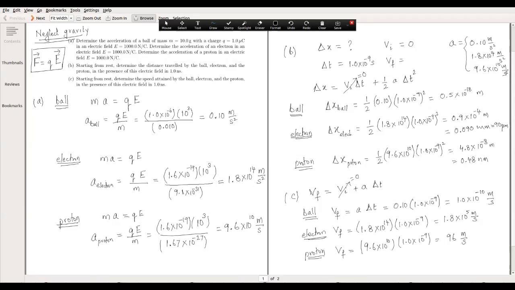This again tells us the different scales in which the speeds change, even between an electron and a proton. The electron, being very light, behaves very differently in the presence of an electric field than the proton.